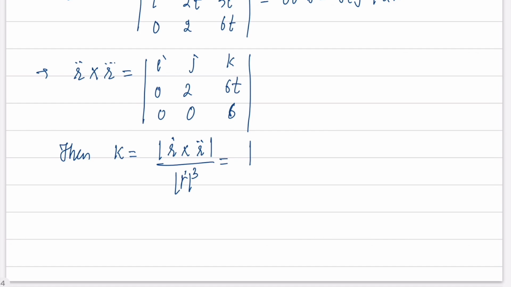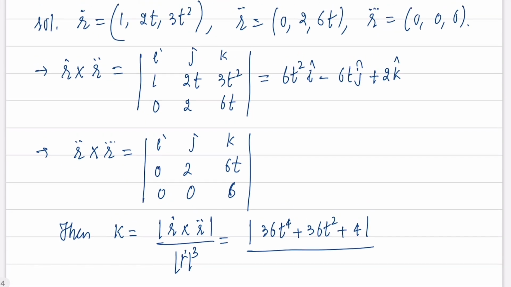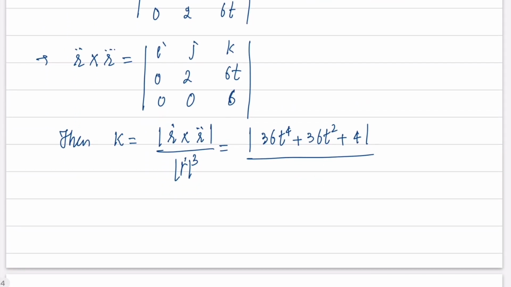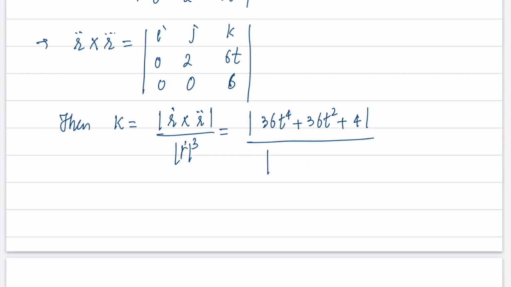Now its modulus will be the square root of 36t⁴ plus 36t² plus 4, divided by r dot cubed. As we know, r dot is equal to (1, 2t, 3t²), so its modulus cubed is (1 plus 4t² plus 9t⁴) to the power 3 by 2.